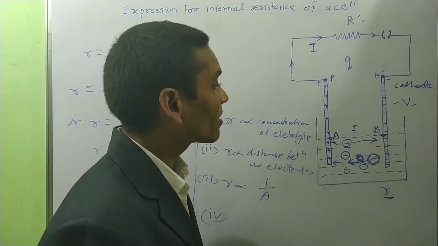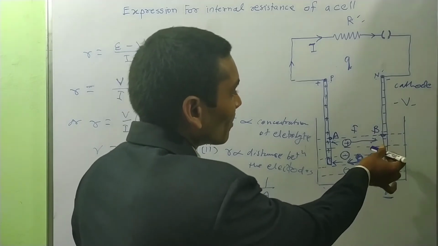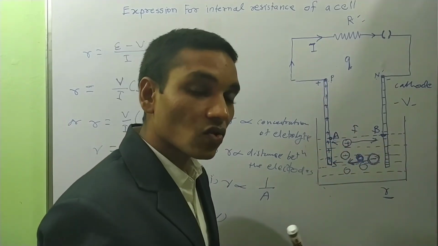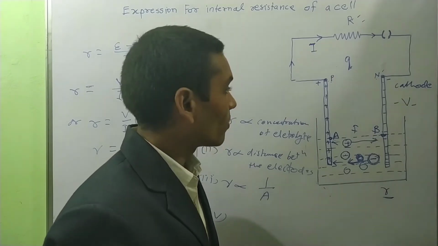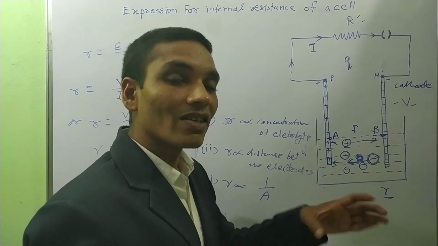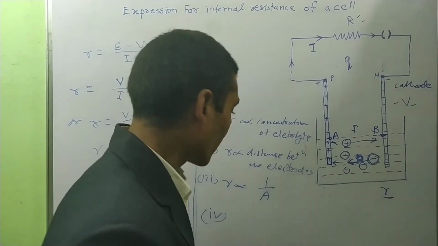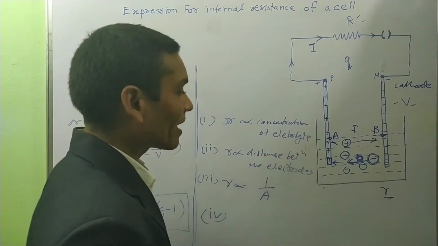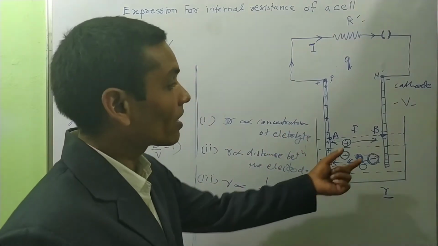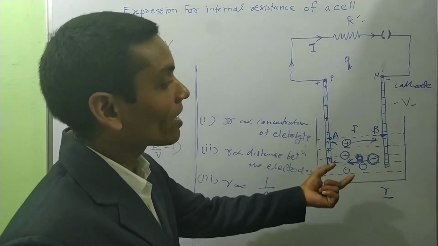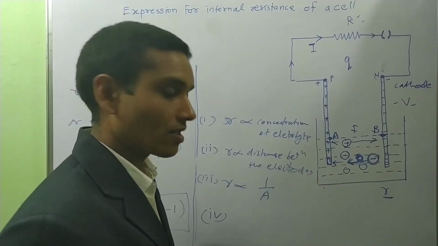In this condition, the ions coming to the positive electrode will reach sooner, which means the resistance decreases. So if the temperature is increased, the internal resistance is decreased.